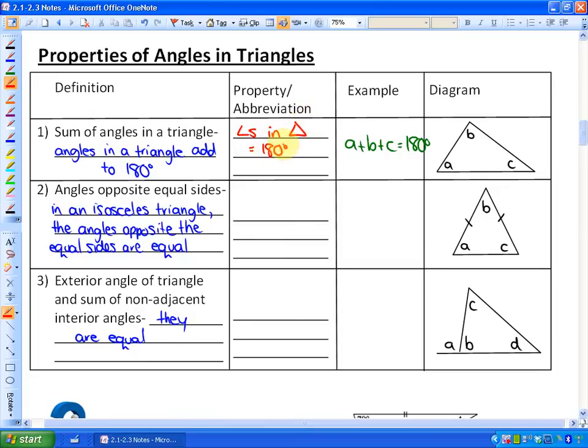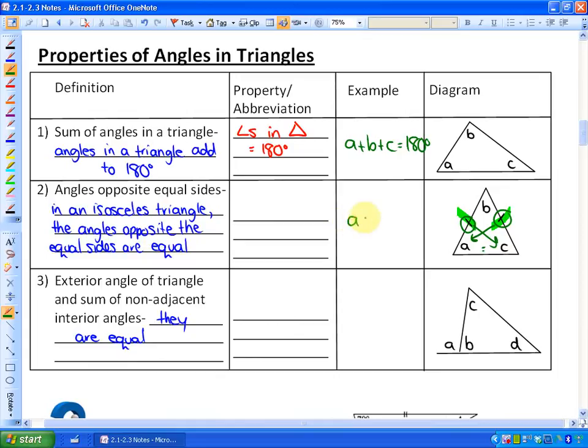Okay. Second last definition is angles opposite equal sides. If we have a triangle here that has equal sides, like this one does, it's called an isosceles triangle. And the angles that are opposite those sides, so angle A and angle C, they're equal to each other.